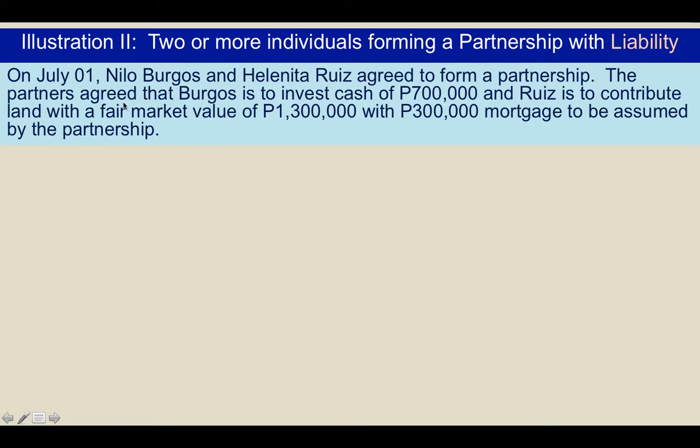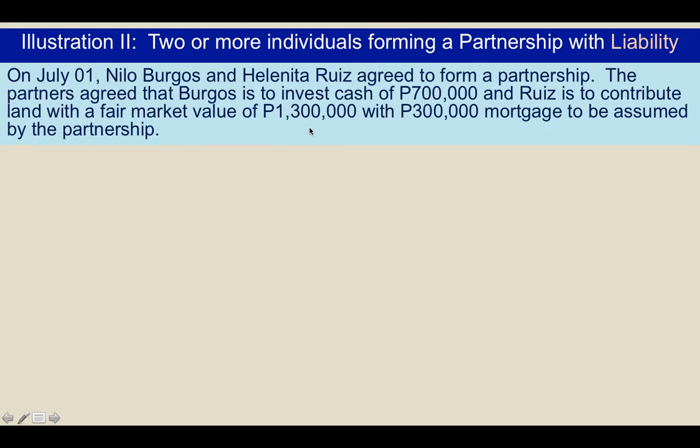The partners agreed that Burgos is to invest cash of 700,000 and Ruiz is to contribute land with a fair market value of 1,300,000 with 300,000 mortgage to be assumed by the partnership. Class, this 300,000 mortgage means it's a mortgage payable to be paid by Ruiz.